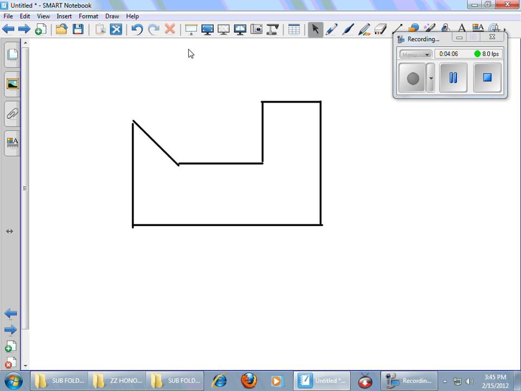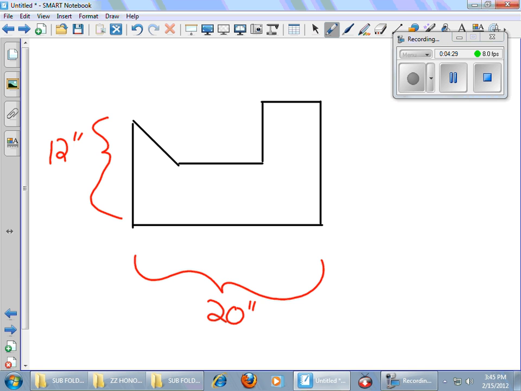Now, of course, we're going to need some measurements. Let me make this side 12 inches. And I will make this piece here 20 inches.